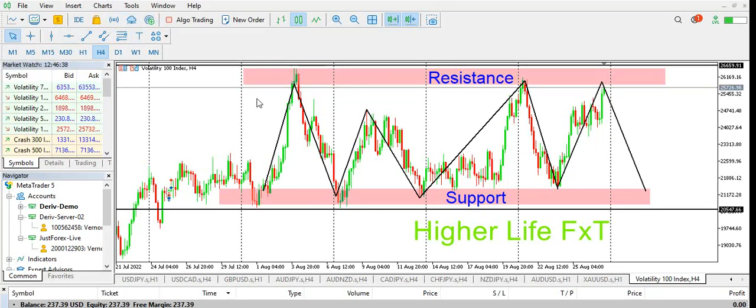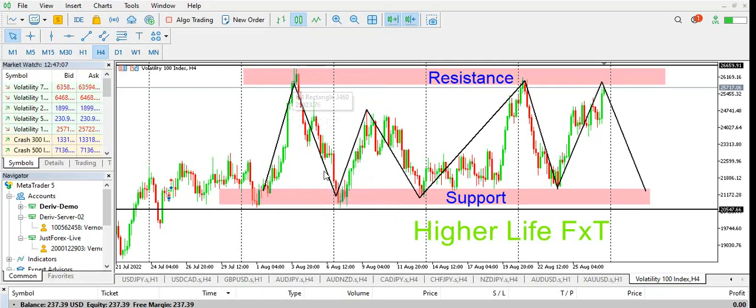When we look at the risk to reward ratio, you can see that you are risking only this smaller portion to win this large portion of your trade. You are risking only this smaller portion because your stop loss is here, to win this large amount of reward.